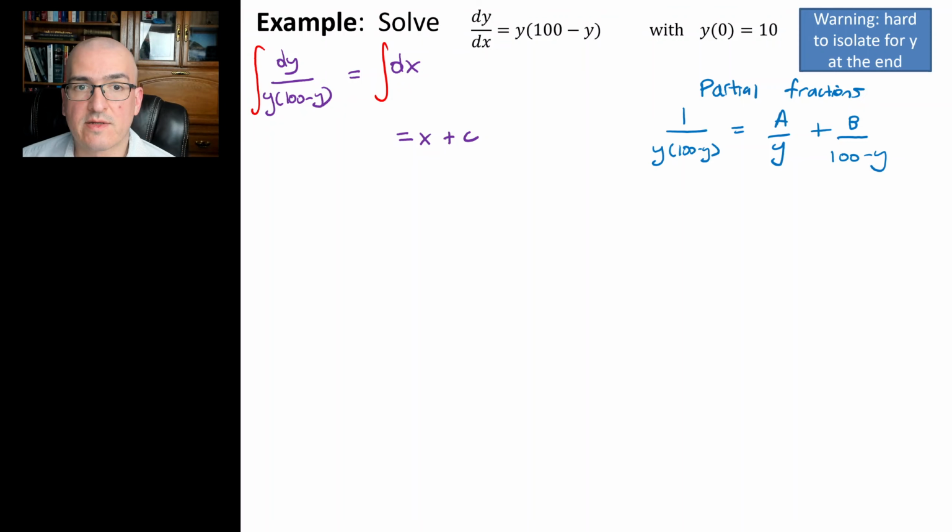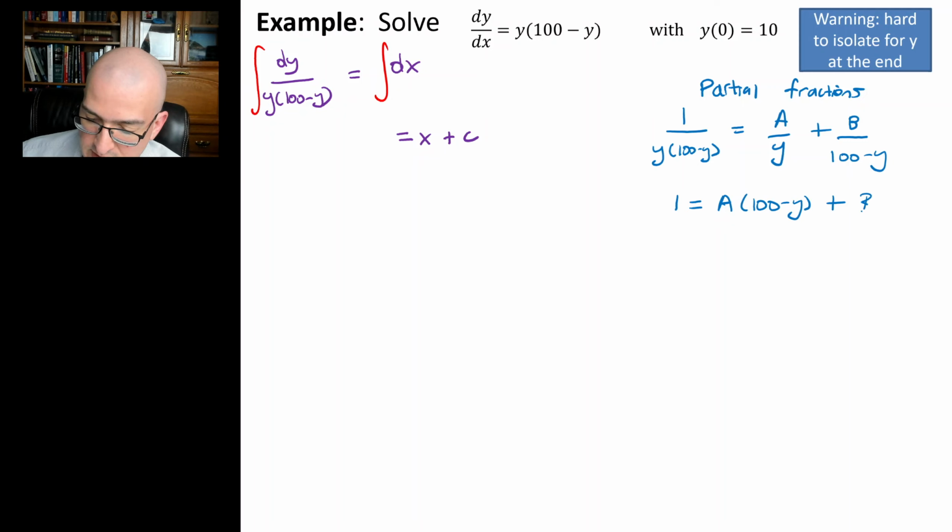We'll multiply all three pieces by y, multiply all three pieces by 100 minus y and cancel. And what we'll find is this: 1 is equal to a times 100 minus y plus b times y.